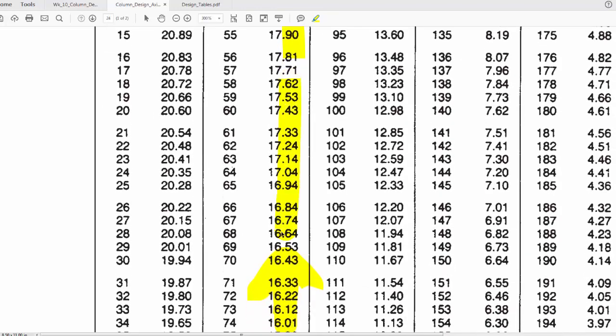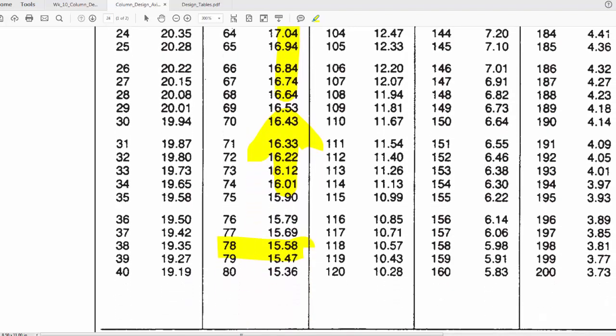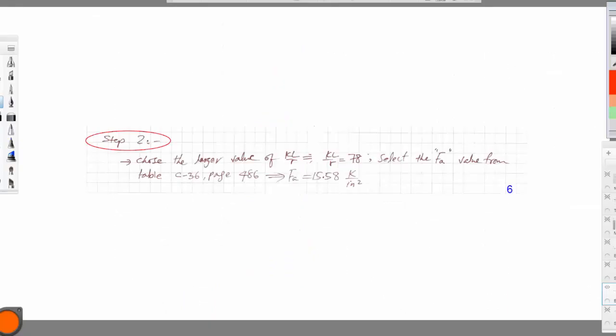So the value for 78 is equal to 15.58. As you see here, it says table C36, which was the table that we've chosen, and the FA value is 15.58. Now step number 3 is just a matter of multiplication.